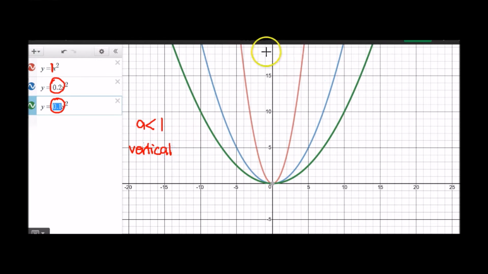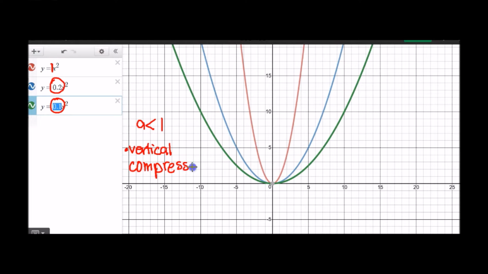Vertical compression. Basically, it means that if I'm working along the y-axis, I'm squishing it down. I'm compressing it. So imagine this red parabola, and I'm pressing it down against the x-axis, and it's getting wider. So we call this a vertical compression.